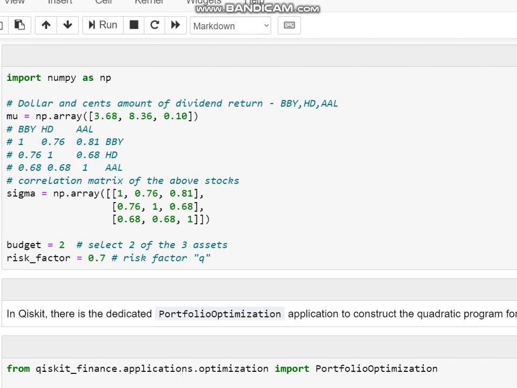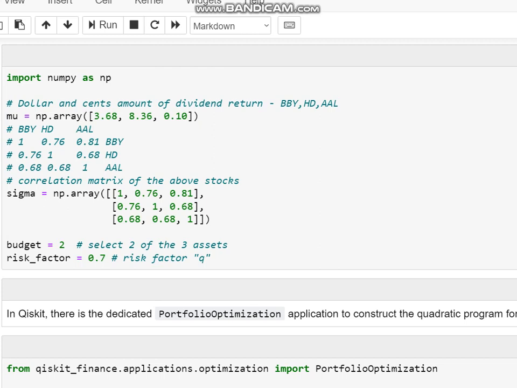So now we've got ourselves a little correlation matrix here: BBY, HD, AAL. So it's a 3x3 matrix, and of course BBY correlated to BBY is 1. Home Depot correlated to BBY is 76%, 0.76.